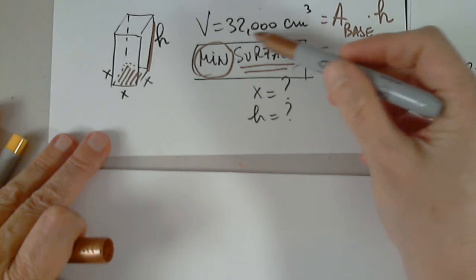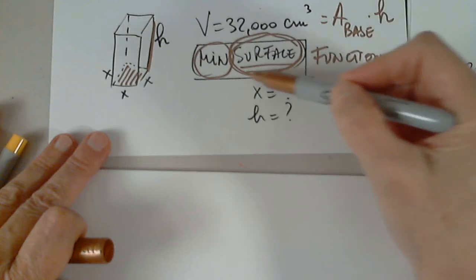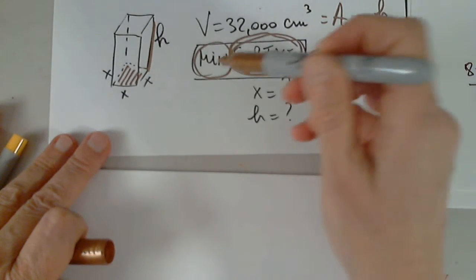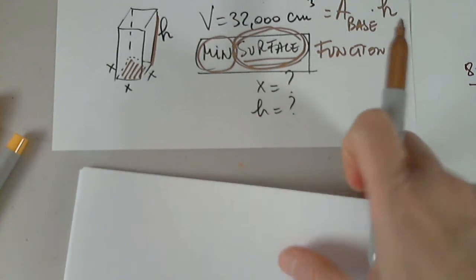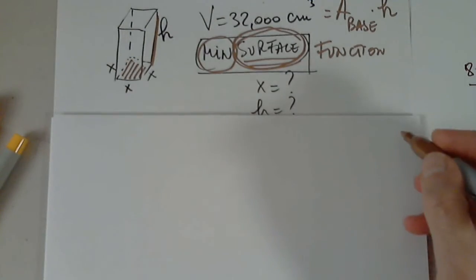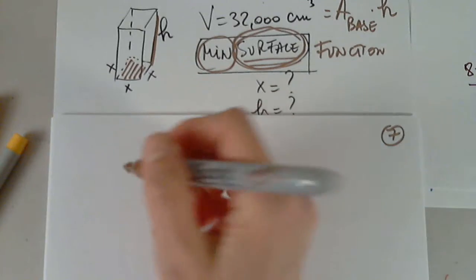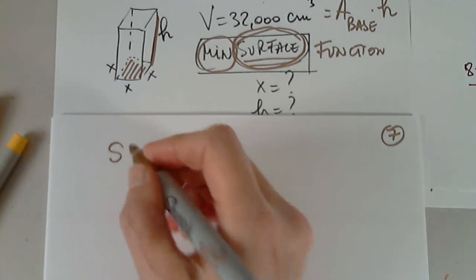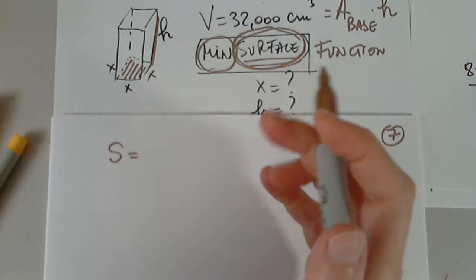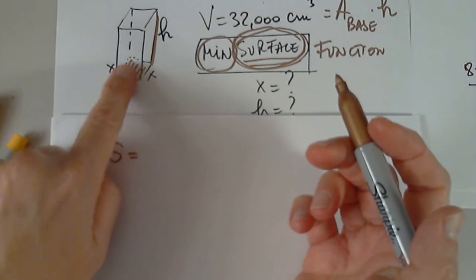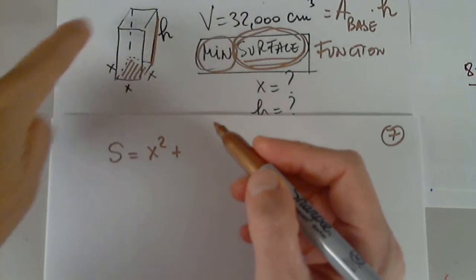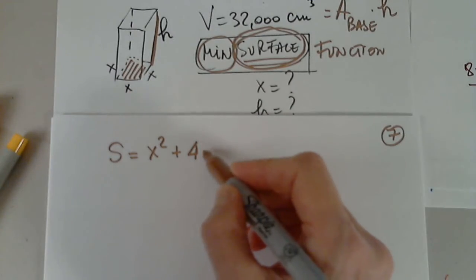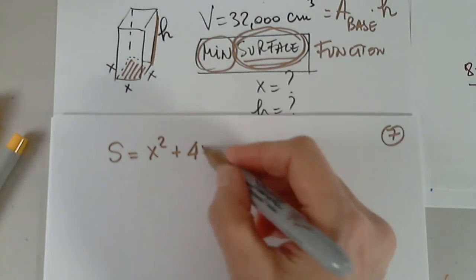I need to create the function that is the surface of this box and find its minimum. Let's see how we write the surface. I'm going to call it S. It depends on two variables: area of the base, x squared, plus 4 sides, 4 times base times height.